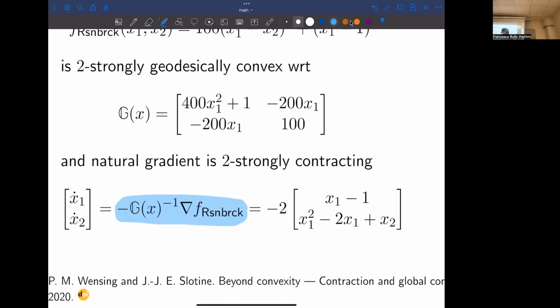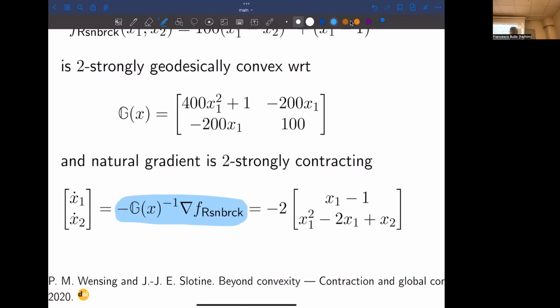It's the same thing as before, the gradient of the function, with a minus sign, but then you use the Riemannian metric, the inverse of it, in order to rotate, to improve your descent direction.